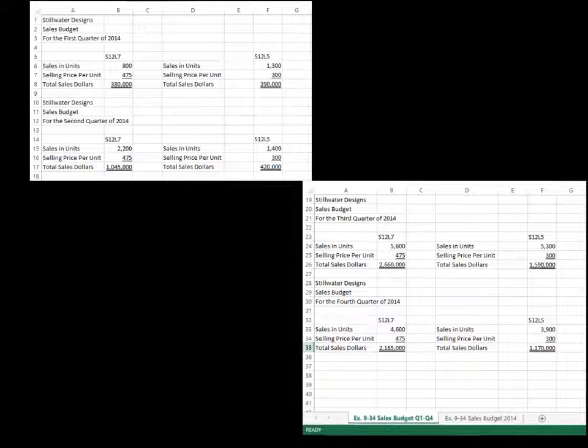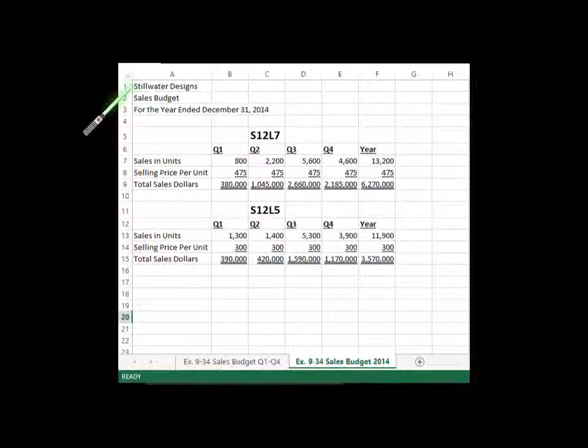On the next page, I'll show the yearly sales budget for 2014. Likewise, I did the who, Stillwater Designs, the what, sales budget, and the when, for the year ended December 31st, 2014. I broke these down into sections, S12L7 and S12L5, and used the data from the previous example, except you break it down by quarters 1, 2, 3, 4.